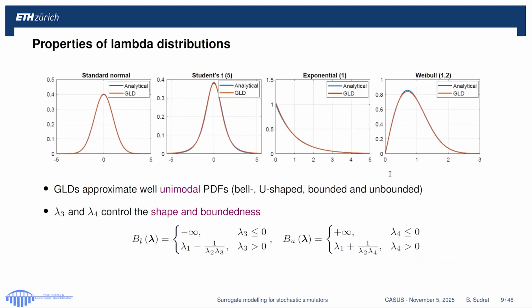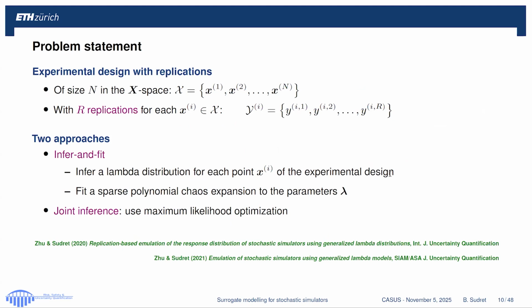Okay, thanks. So the very first step is to assume we have replications. So for each x, we can have different values. Again, very basic idea: let's fit a distribution for each of the x's. So that distribution corresponding to xi will give me 4 parameters, 4 lambda parameters for that point x.